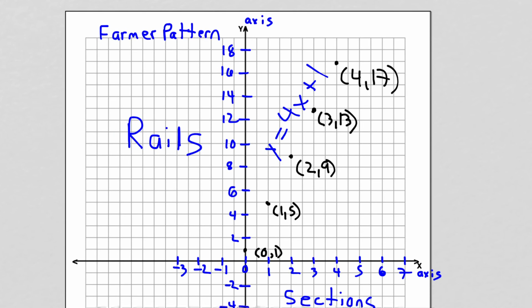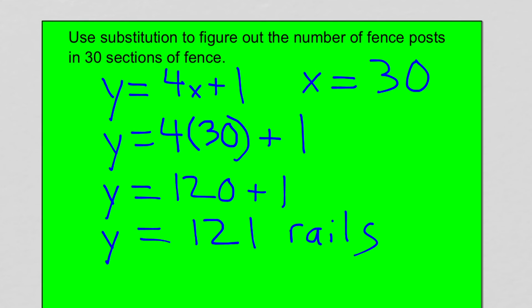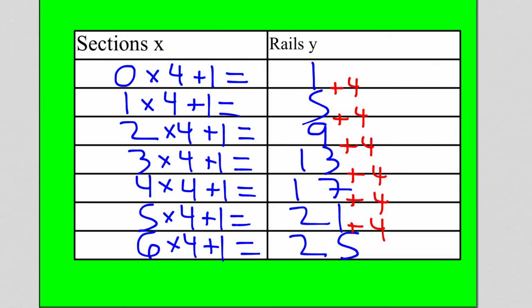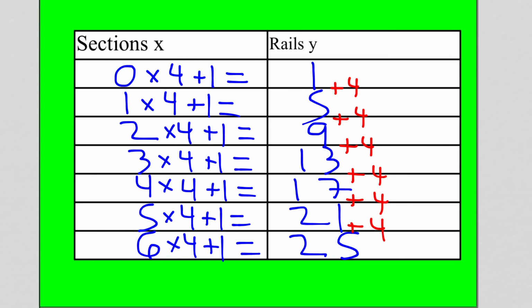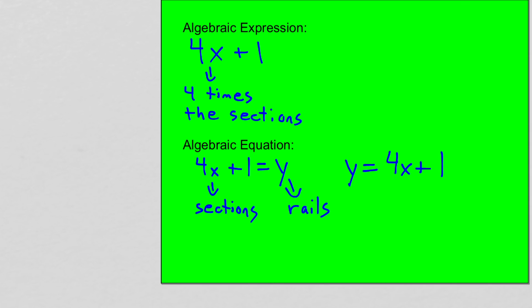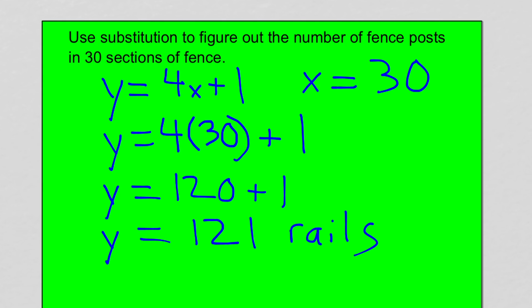So just to go back to the beginning, we started off with this picture. We represented this picture as numbers. We found patterns in these numbers that we represented as an algebraic expression and equation. We used that equation to figure out the number of rails with 30 fence posts.